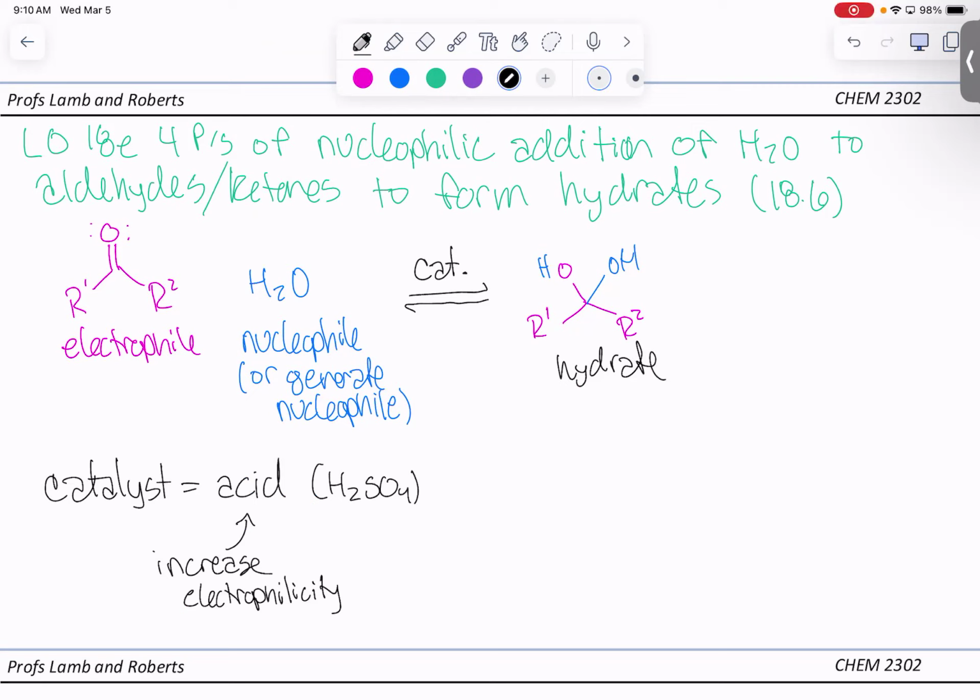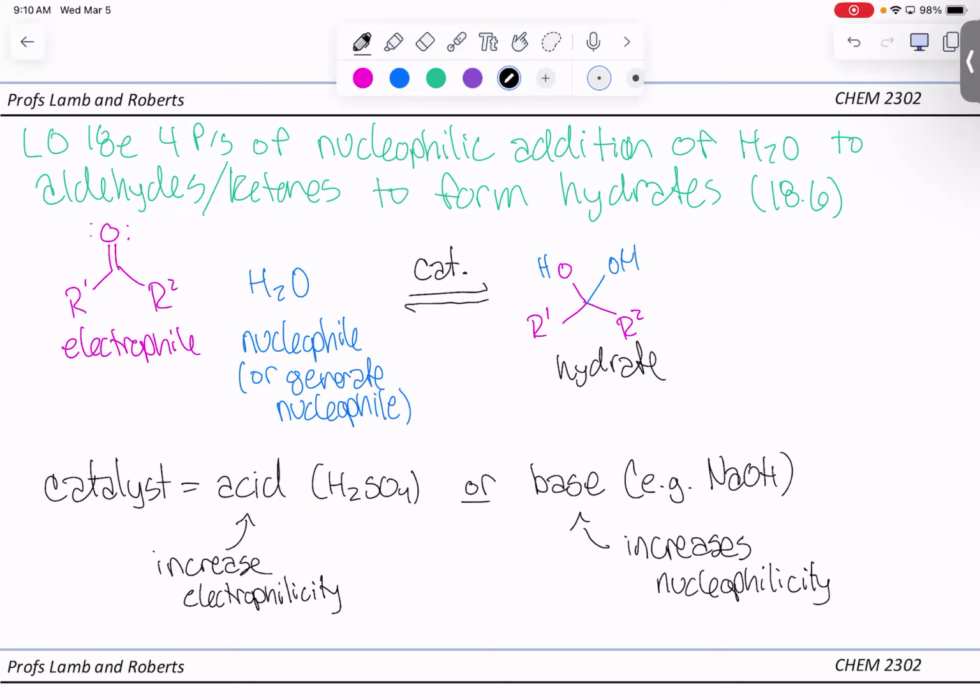So we can either increase the electrophilicity of one of our starting materials, or we can run this under basic conditions. Our base catalyst, for example, could be sodium hydroxide, and what the base does is increase the nucleophilicity of our nucleophile. This is because aldehydes and ketones are not the most reactive functional groups that we've learned about. Just like in electrophilic aromatic substitution, sometimes we have to increase the reactivity of our coupling partner for it to be able to react.